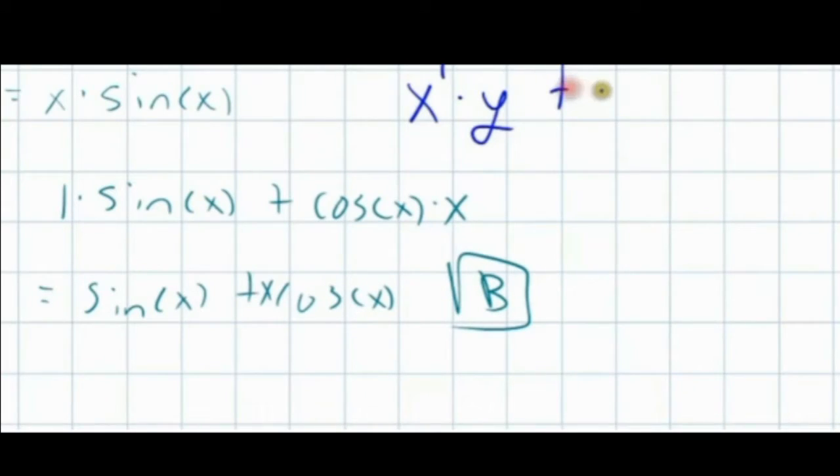It'll be x prime times y plus y prime times x. So here we go. Taking the derivative of x is just 1 times the sine of x. I left that alone. Then I'm going to be adding it to the derivative of sine of x is cosine of x, and this time I leave the x alone. So my final answer is going to be sine of x plus x times the cosine of x, which is option B.